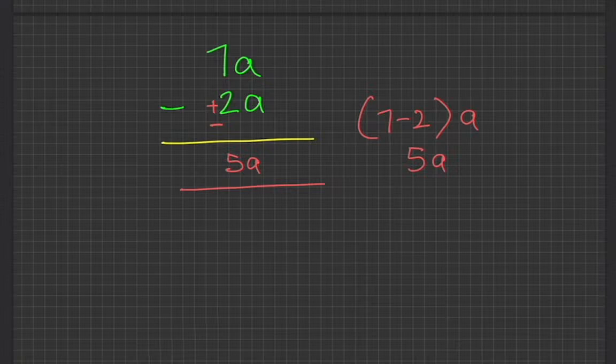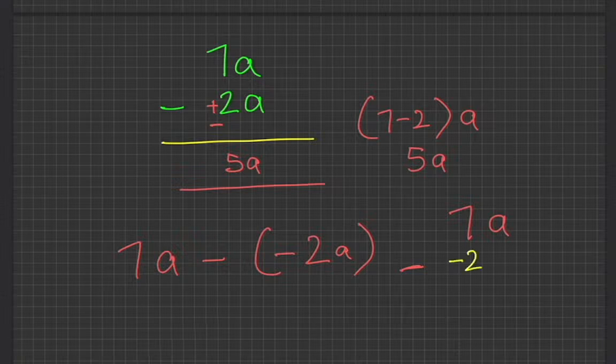So here the answer is 5a, not 9a. If I had done 7a minus of minus 2a, that means I have to subtract negative 2a from 7a. So 7a minus negative 2a, here my negative sign becomes positive.